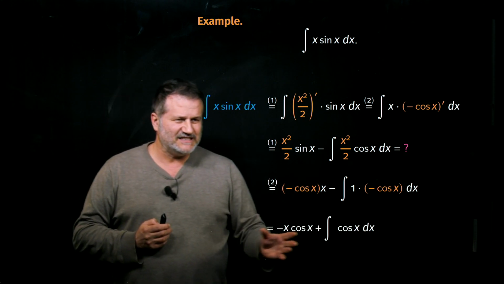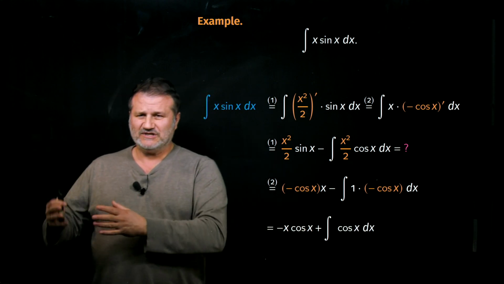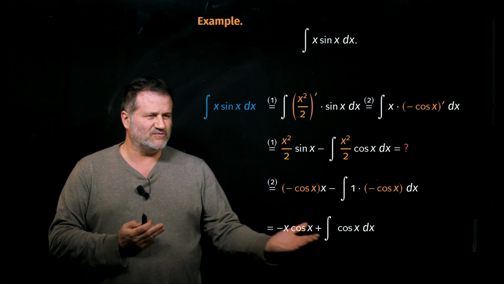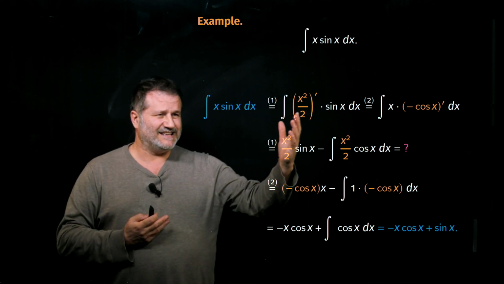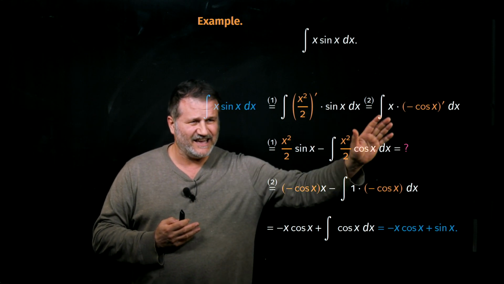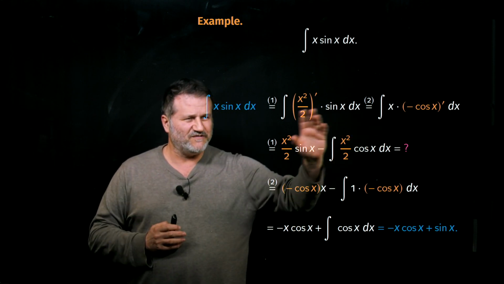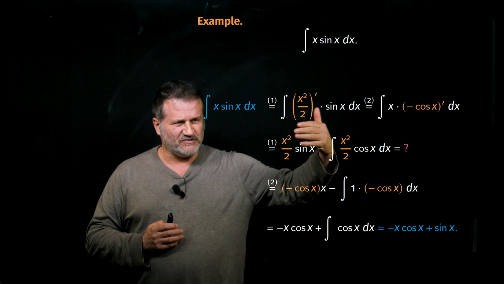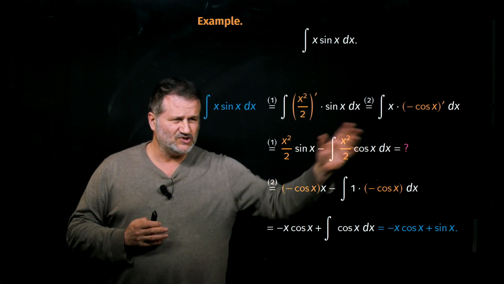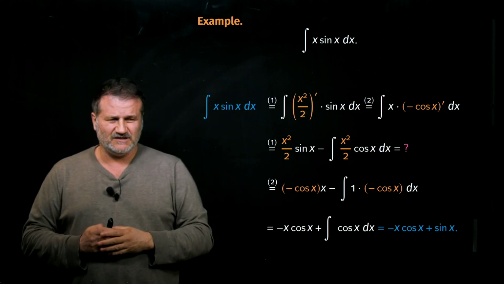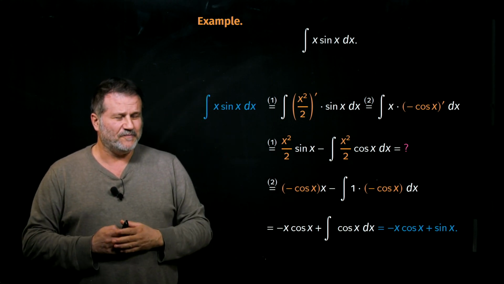So the new problem is just to compute the primitive of cosine x, which is an elementary function, so we have immediately the answer. So the moral is that in this case, the choice of which factor to represent as a derivative is not indifferent, because only one of the two choices leads to a simplification of the problem.